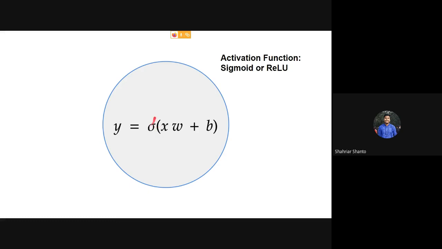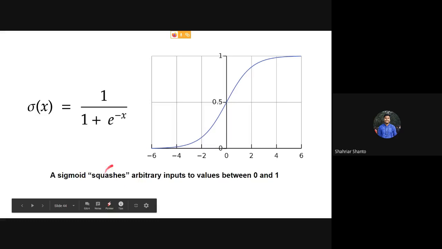This activation function is usually a sigmoid or ReLU or some other function, and all it does is squash the input values to values between 0 and 1. And 0 and 1 is used extensively in machine learning because, as we know from probability theory, 0 means there is no probability, and 1 means 100% probability, or it's 100% certain that this will happen, or this is the correct answer.